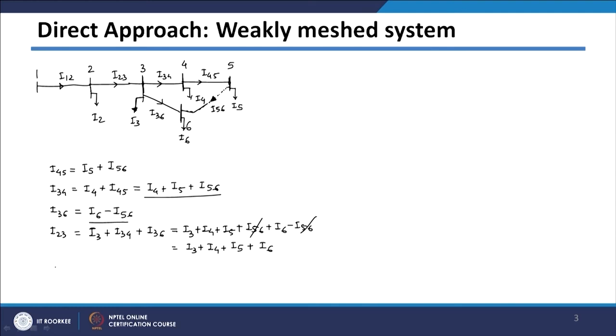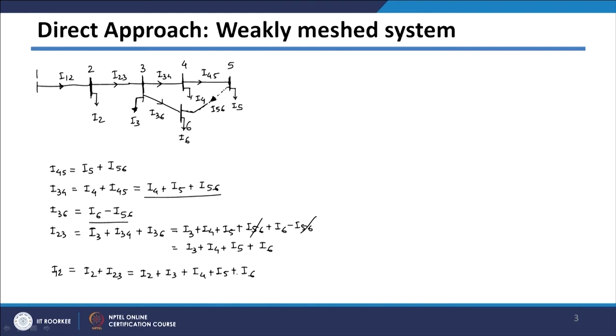Similarly, for I12, we can get the KCL at node number 2. I12 will be equal to I2 plus I23, which will be equal to I2 plus I3 plus I4 plus I5 plus I6.